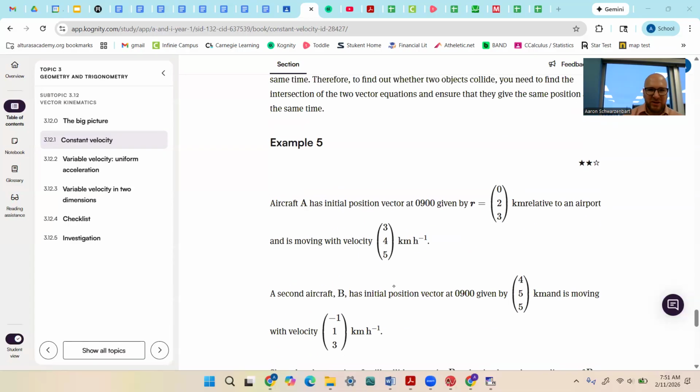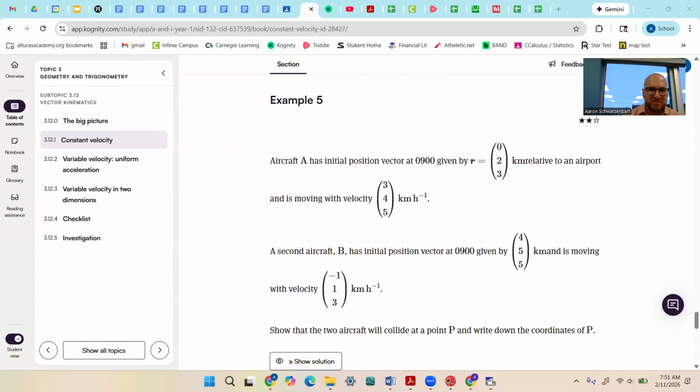So I need to start by writing their two equations. Their position is going to be given by initial position plus their velocity times time.